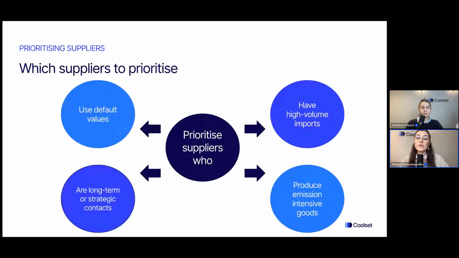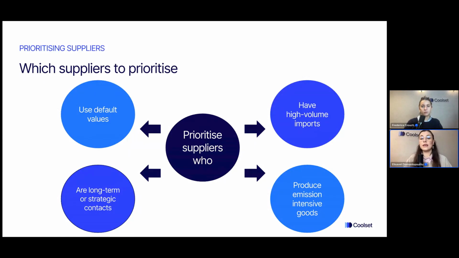So considering all of this, when you decide where to invest your time and effort, you should prioritize suppliers where you can directly contribute to lowering the costs for them. For example, you can focus more on suppliers that you're currently relying on default values for, or you could prioritize suppliers that you know have high volume imports, so it makes sense that you have the most accurate data for this.